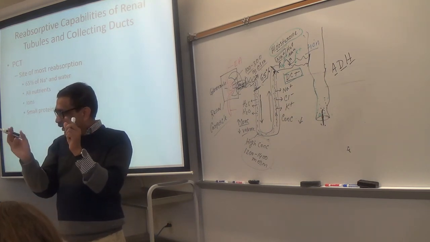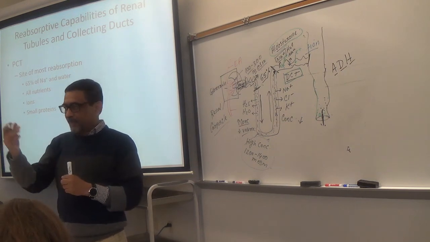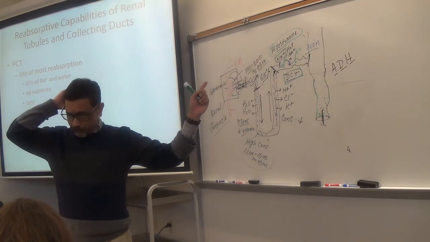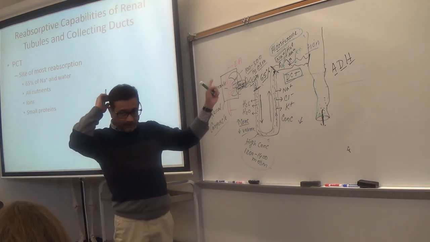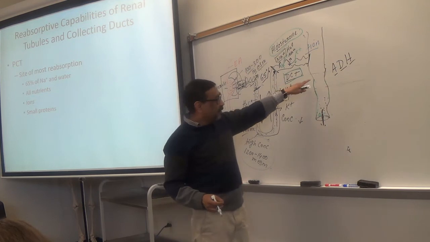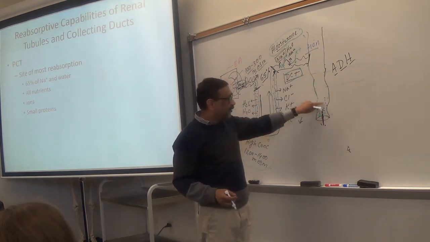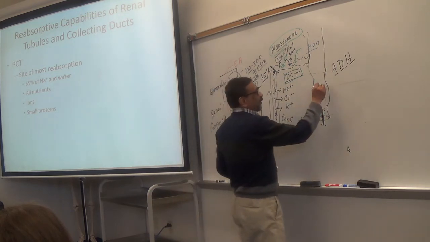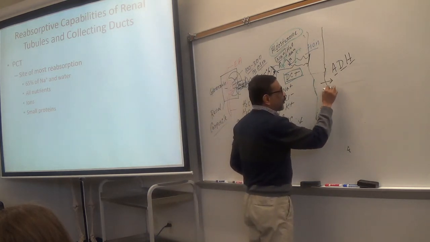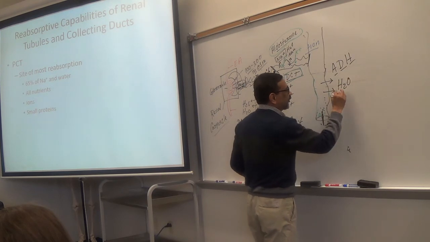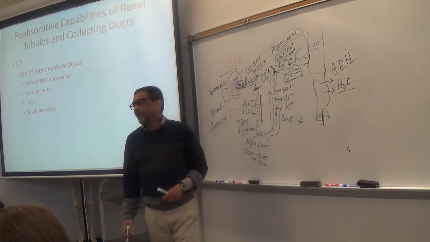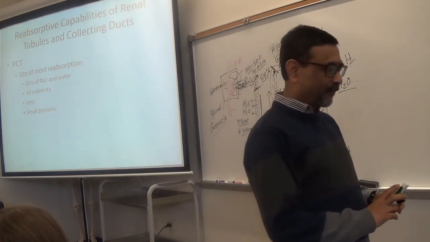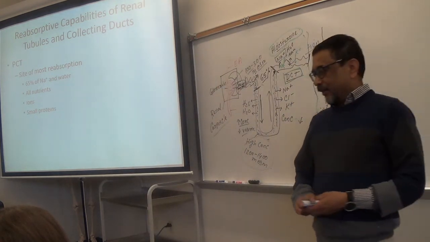Anterior, posterior, right? So from the posterior, oxytocin and ADH. So this ADH comes from your pituitary gland in your brain and works on this part of the nephron, and it does what? Causes water reabsorption in the collecting duct. Reabsorption of water. Okay, makes sense?